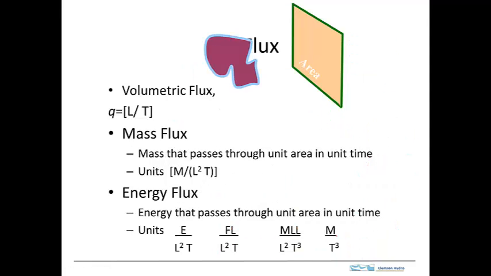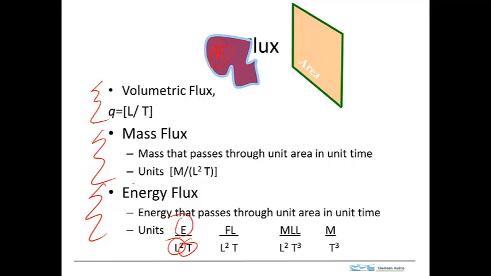Okay, so we've just seen how volumetric flux works. We also can have a mass flux, which would be mass going through a unit area in a unit of time. We could also have energy flux, energy going through a unit area in a unit of time.